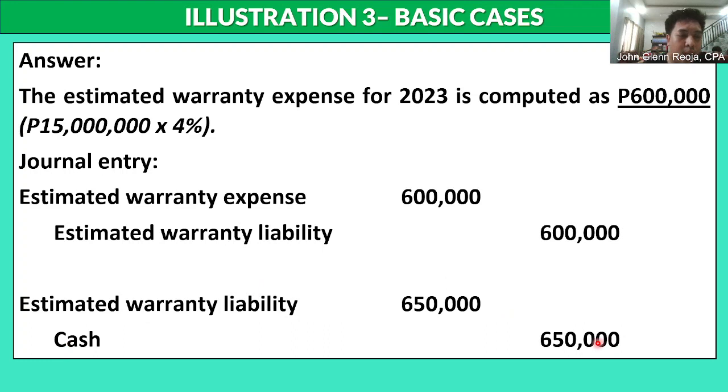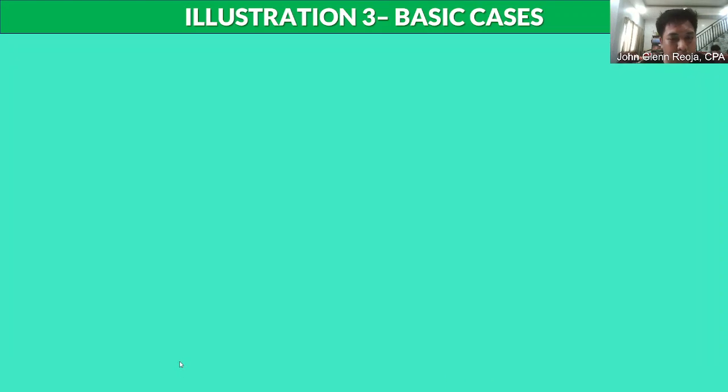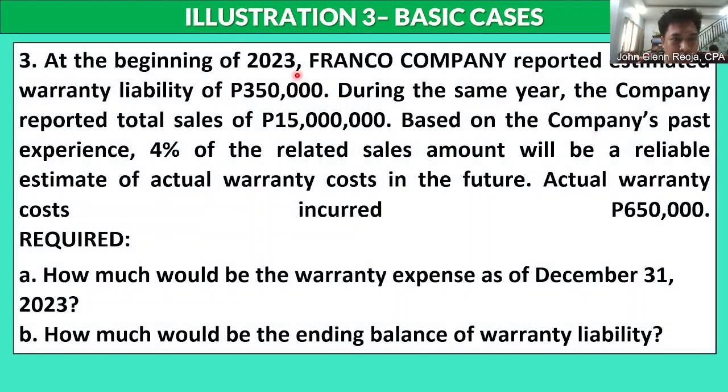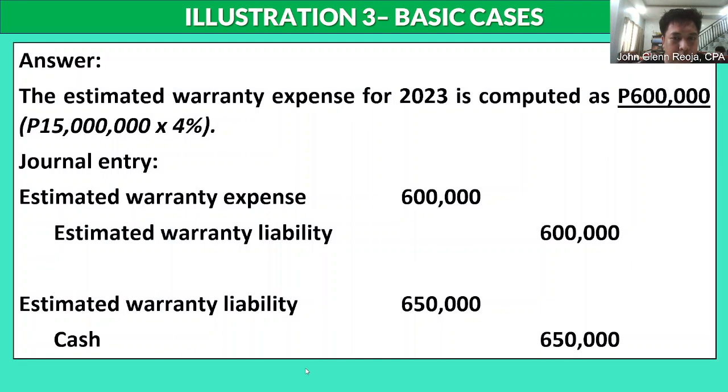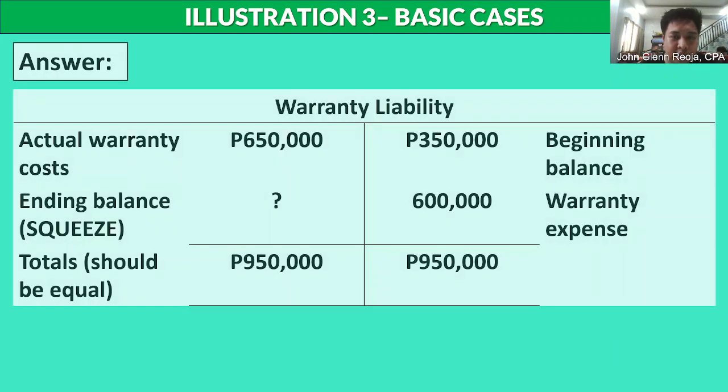So, how much will be the ending balance of warranty liability? Again, we use a T account. Let's plot that. The beginning balance is how much? The beginning balance is 350,000, so we credit 350,000. Add the 600,000, that is 15 million times 4%.